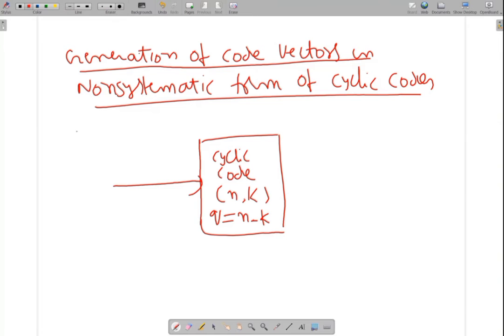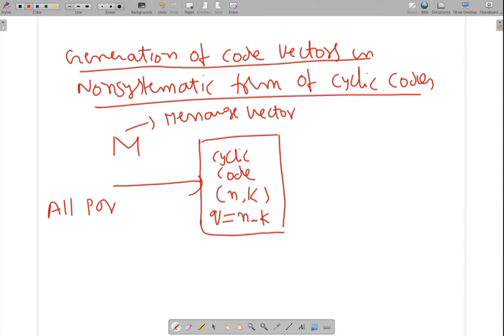Here, the number of possible message vectors range from m0 to m2 power k minus 1. The message vector is represented by m.